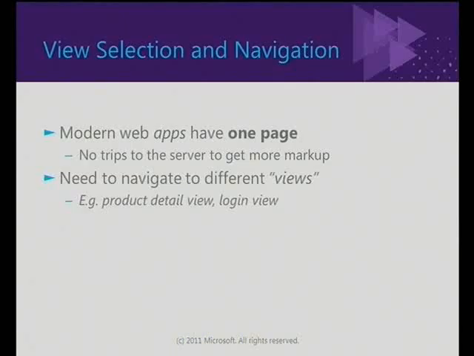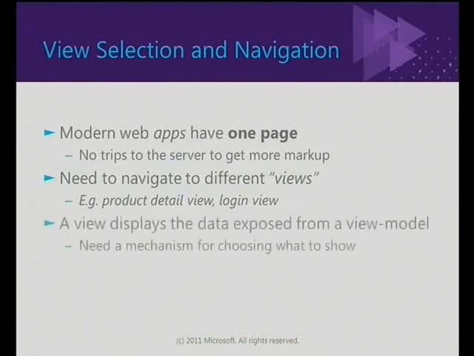As I said, we need to be able to A, easily add a new view and view model, and B, also make it easy to navigate to them and transition between them. And a view basically displays something from a view model, so we not only need a way to navigate to them, we need a way to pair them up, to select a view, to select a view model and somehow get to it.